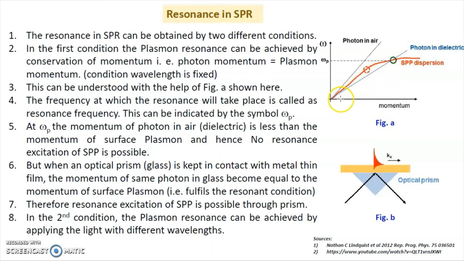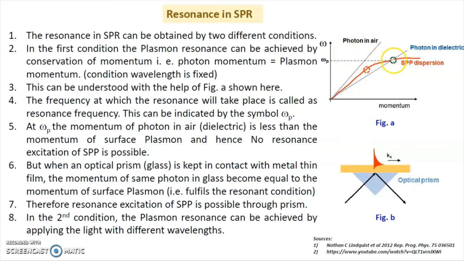So now we have another momentum for the photon which is coming through the dielectric material, and we can see that this red color line gets overlapped at a particular frequency which is represented with omega p.